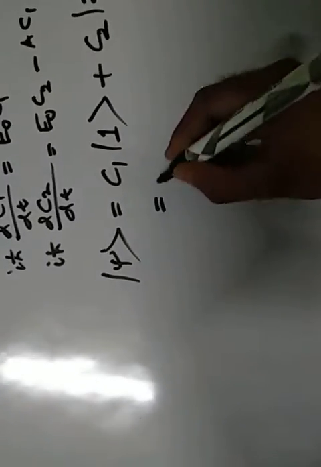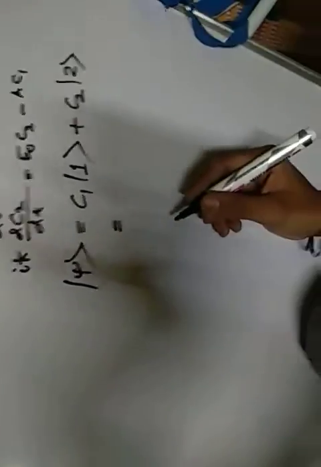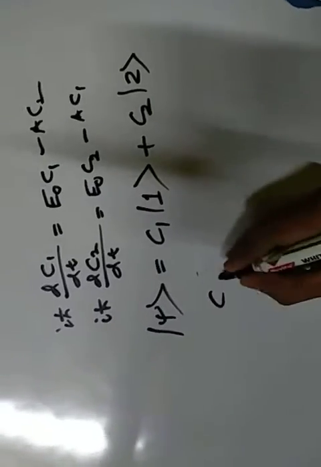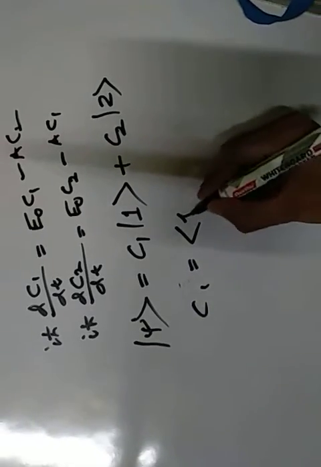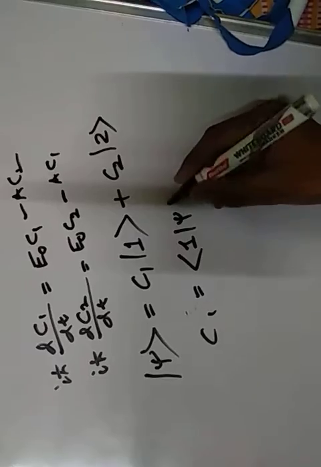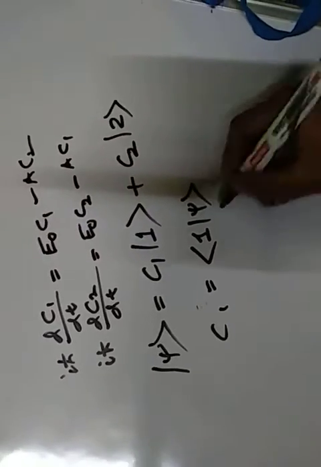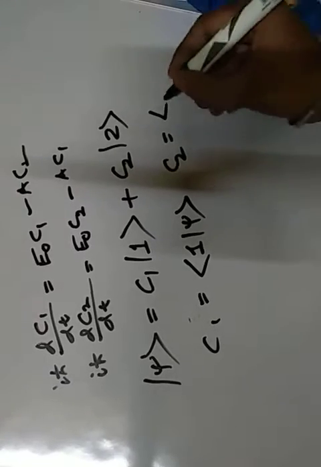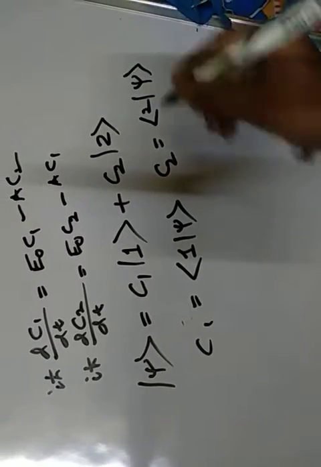So C1, what we know is that C1 equals bra 1 psi ket, and C2 equals bra 2 psi ket.